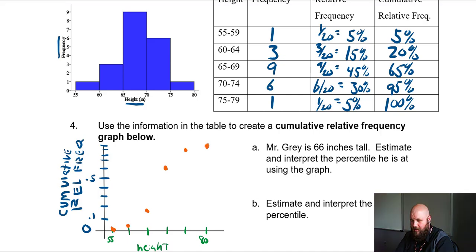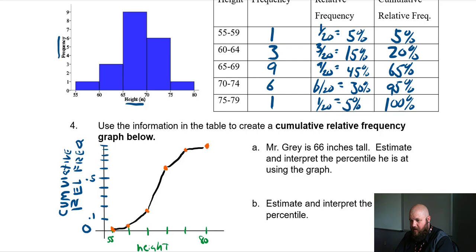So I'm going to try and connect these dots best I can, using straight lines as best as I can draw them. So we should get something looking like that.